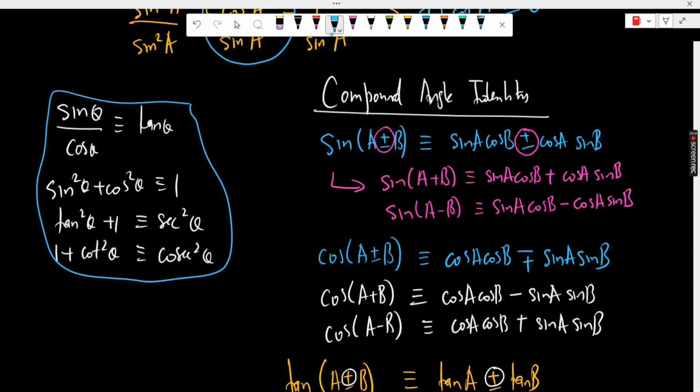And probably even more so the first two than the others, right? So sine theta over cos theta equals tan, sine squared theta plus cos squared theta equivalent to 1. Well, the others as well, definitely the others. Tan squared theta plus 1 equivalent to sec squared theta, and 1 plus cot squared theta is equivalent to cosec squared theta. So jot these down, right? If you haven't, jot them down so that when you come to using them, you have them to look at, all right?